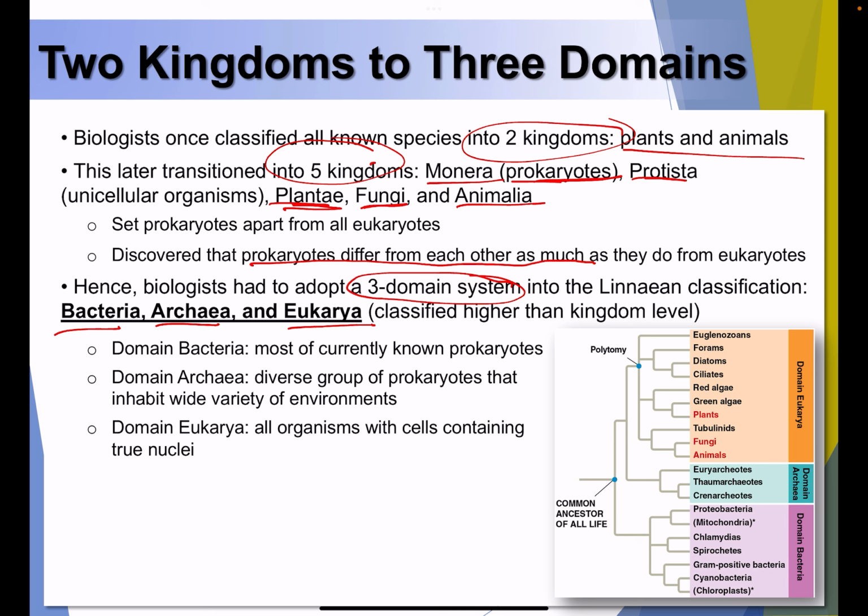Let's see. Domain bacteria usually are mostly made up of currently known prokaryotes, as I've talked about. The domain archaea is a diverse group of prokaryotes that inhabit a wide variety of environments. They came up with this domain because they used to think that bacteria cannot live in very extreme environments, like hot springs that are really, really hot, or extremely acidic environments.